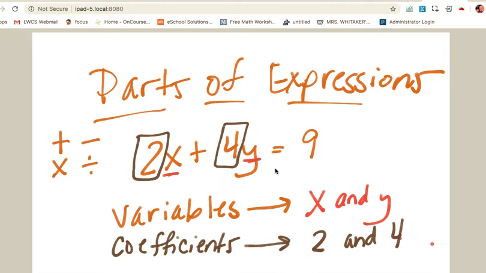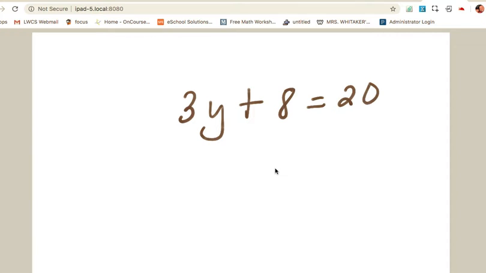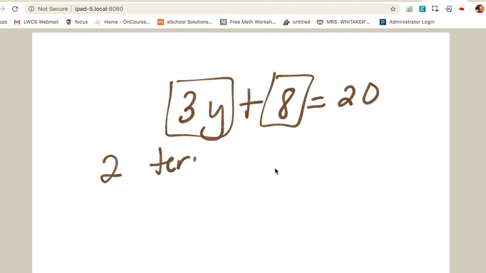We also have something I did not include in this problem, which is a constant. An example of that would be if I had 3y plus 8 equals, let's say, 20. Again, we would have two terms.